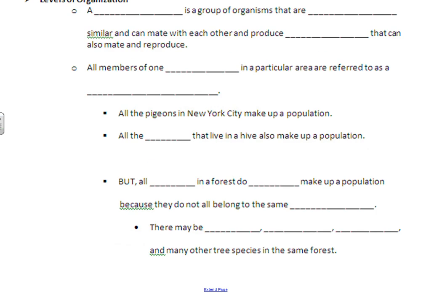Now let's go on and talk about levels of organization. Now, a species is a group of organisms that are physically similar, so they look alike physically, and they can mate with each other and produce offspring.